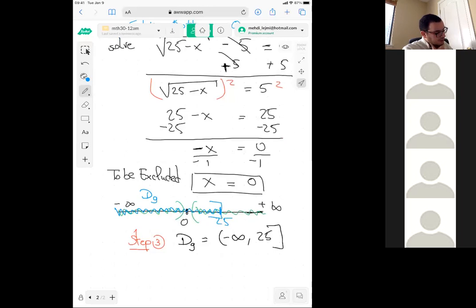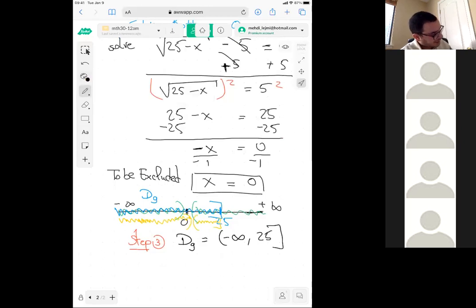What will be the intersection between the blue domain and the green domain? The green domain is any number except 0. So the intersection, the domain which is blue and green at the same time, is this domain with the 0 excluded, and it goes all the way to 25.